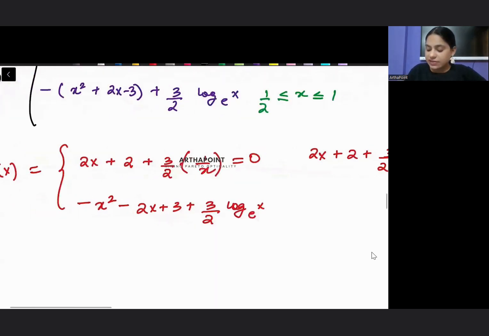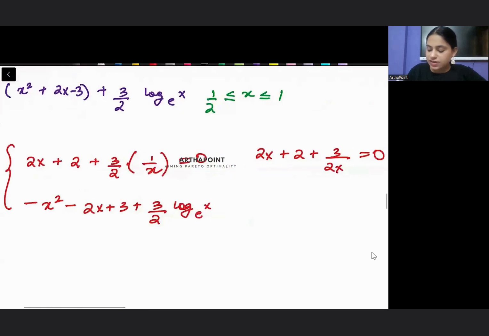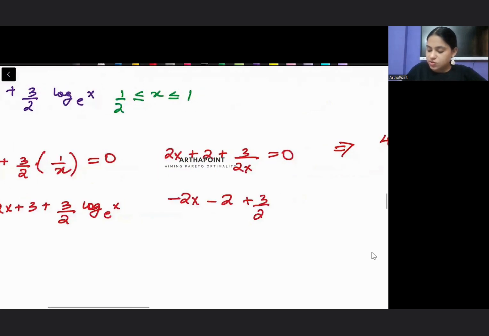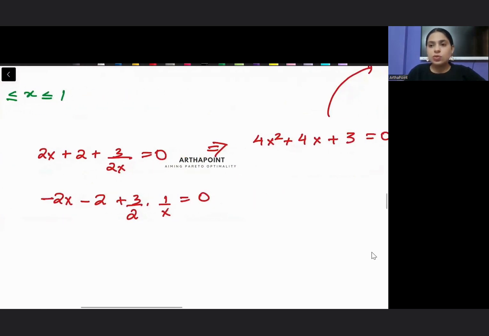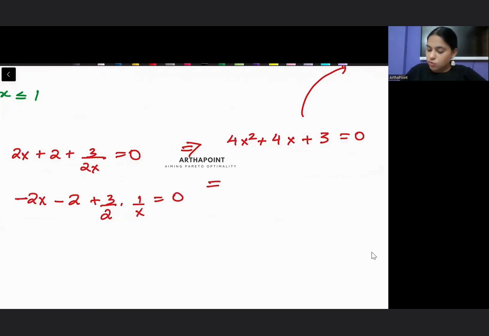And when I find the derivative of this function, I will get minus 2x minus 2 plus 3 by 2 into 1 by x is equal to 0. So this will give me minus 4x square minus 4x plus 3 is equal to 0.